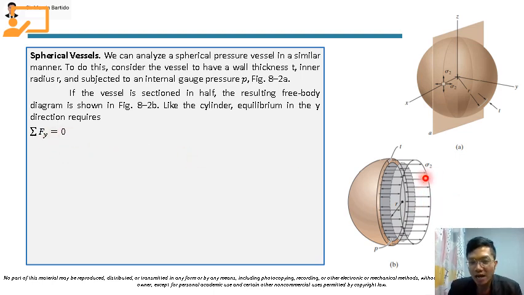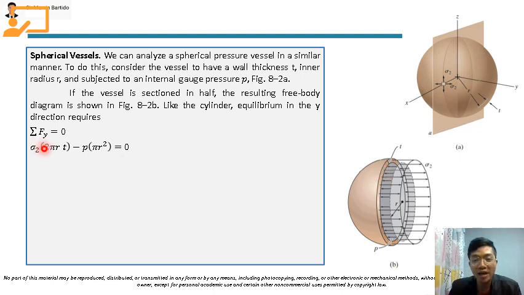To do that, we will convert sigma 2 into force by multiplying the area where it will act. The area will be the area of this wall. This wall is a circle, since this is a sphere, so that will just be the circumference of the inner circle, which is 2 pi r, times the thickness of the wall.